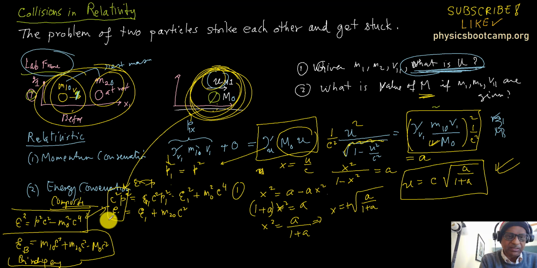If I square it, you have E1 plus m20 C squared, squared, equals E1 squared plus m0 squared C to the power 4.